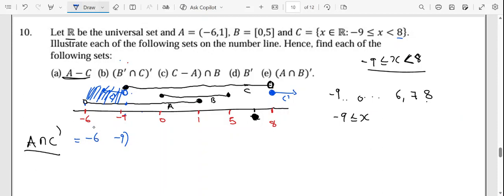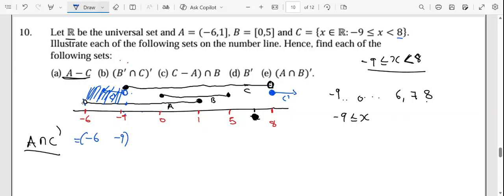So what I'm trying to say is, at 6, what will happen? At 6 it will be open, because A is not closed here, so 6 is not part of that.